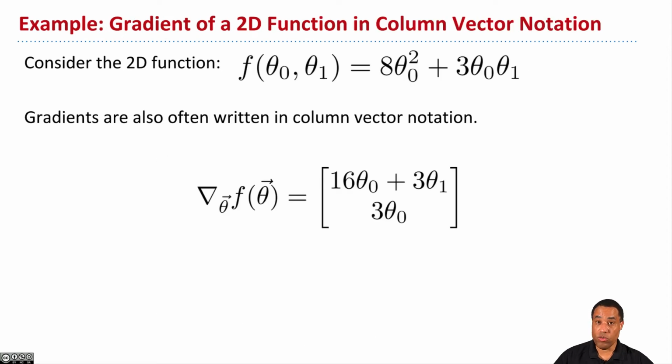And the way we can represent this for an equation is in column vector notation. So our first term, our theta 0 term, is represented by our partial derivative here, 16 theta 0 plus 3 theta 1. And our theta 1 term is represented by our second partial derivative, 3 theta 0.